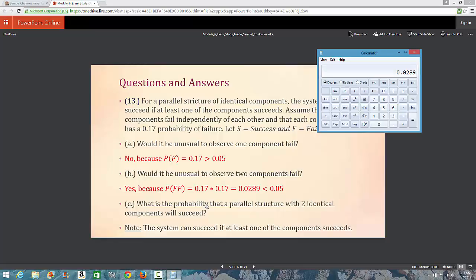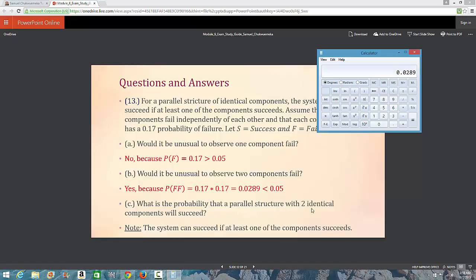So we can have the first succeeds and the second fails, or the second succeeds and the first fails, or both of them succeed. These three conditions can apply for the system to succeed. You understand what I'm saying? Because the question says if at least one of the components succeeds.